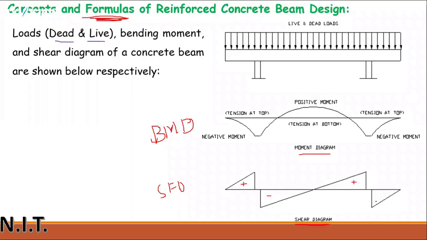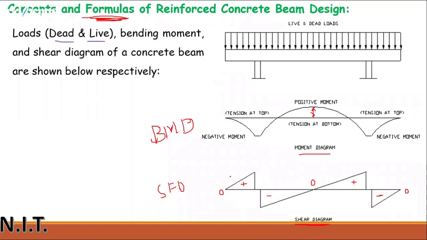This will again be the negative part. It starts from 0 and it ends at 0. This is the point where the shear force is 0. Over here, the bending moment will be maximum. The moment value at this point will be maximum.